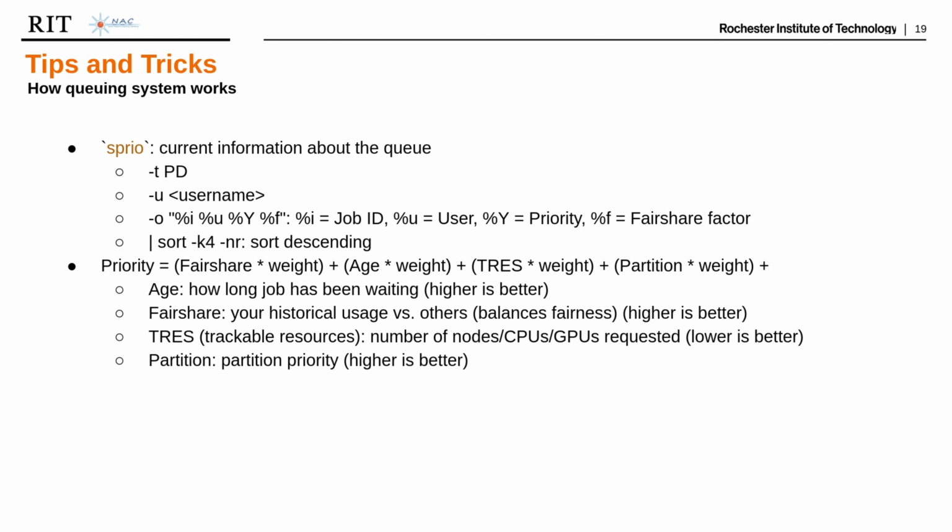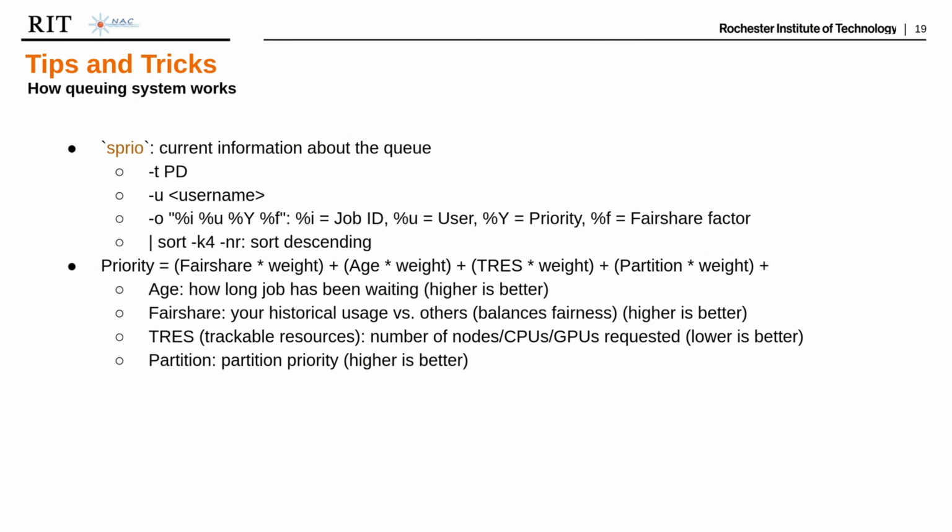Fair share is your historical usage versus others, basically balancing fairness. If your fair share is higher, then your historical usage should be considered more priority. Please note here that the fair share point is higher when you're not using that much recently. The third one is trackable resource.